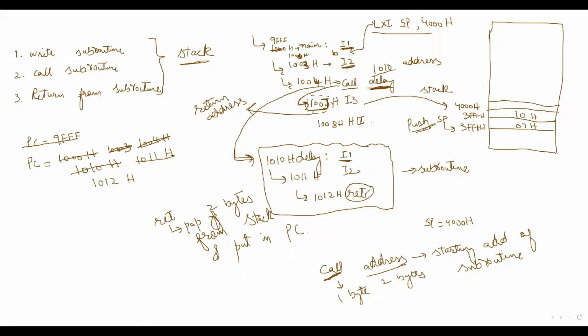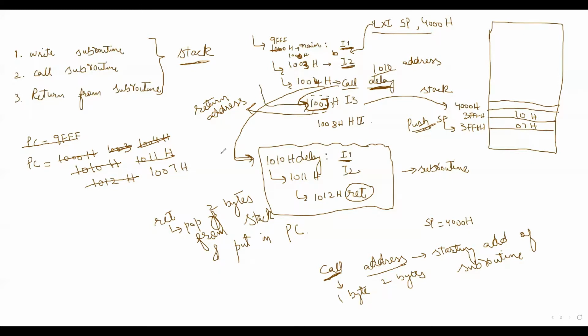So return instruction is putting these 2 bytes. So what we have stored onto a stack, we have stored the return address. So it will take these 2 bytes and will store in PC. So what will be the new value in PC? 1007H. So that means now program will start from this particular location.